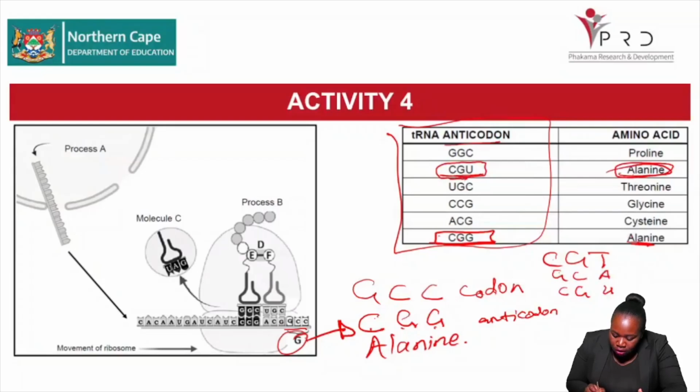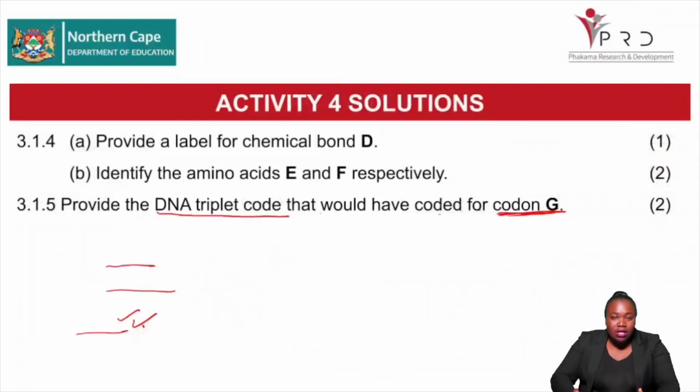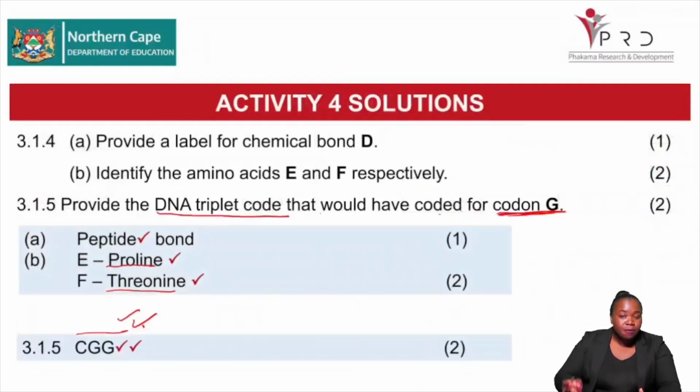The anticodon has changed, but it still codes for the same amino acid, which is what we spoke about earlier when I said the change in the sequence does not always lead to a change in the amino acid. Therefore, the protein formed will not be affected. We are going to have the same protein.